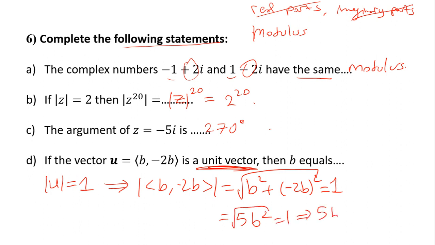This gives 5b squared is equal to 1, and then b squared is equal to 1 over 5. And we have two options here: b equals either minus 1 over square root 5 or 1 over square root 5. So b equals minus 1 over square root 5 or 1 over square root 5.